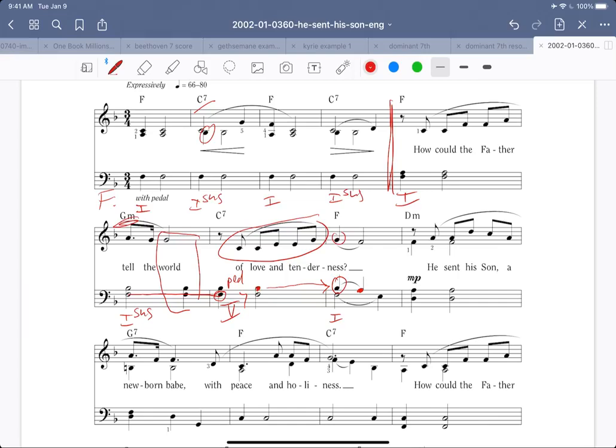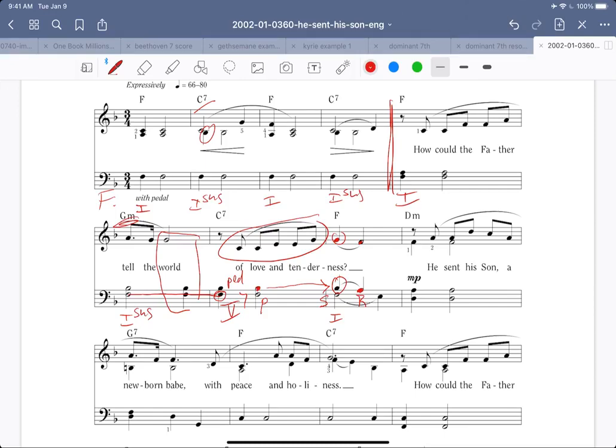That's what a suspension is. It's a preparation, the suspension itself where it's a dissonance, and then the resolution thereof when it steps down. And so we have another suspension here. The G is a non-chord tone, and it resolves to a chord tone here. And then the next step we take with non-chord tones is we give them numbers. We look above the bass.